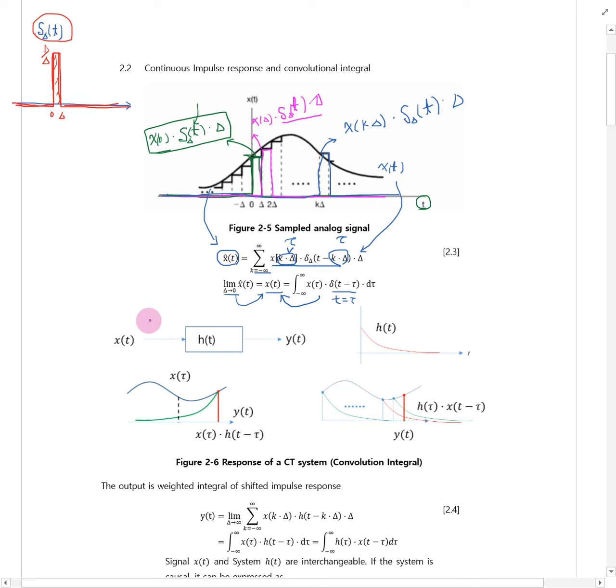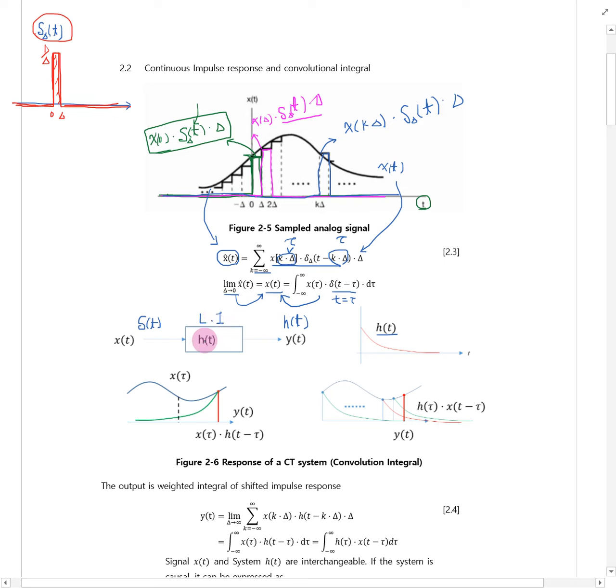And here, if we apply the delta function at the input, then the output is the impulse response, like that. What if we assume that this system is linear and time invariant?